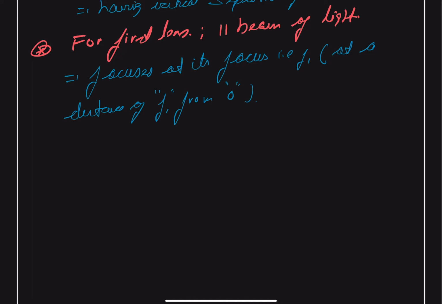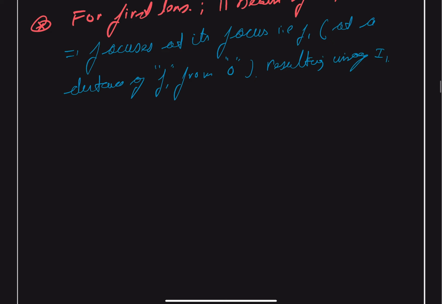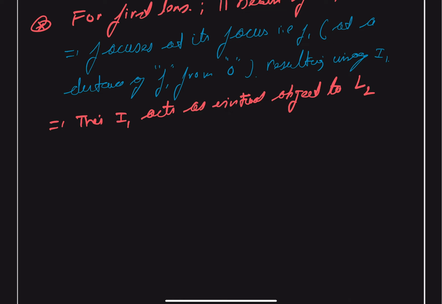Focused at the focus, forming an image I1, this I1 acts as a virtual object to the second lens, which we are calling L2.